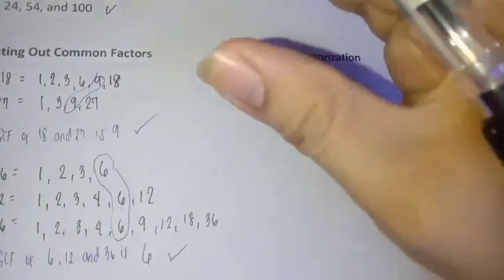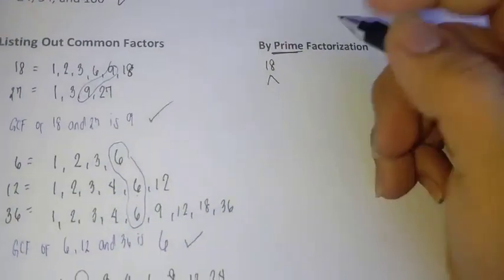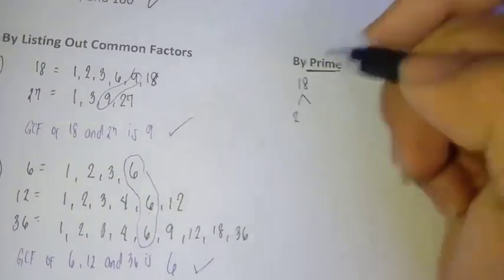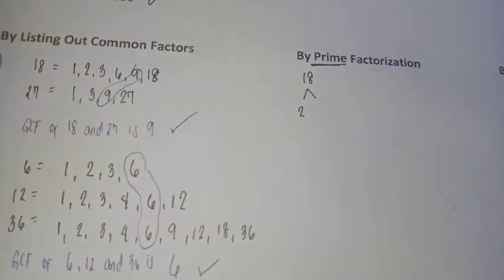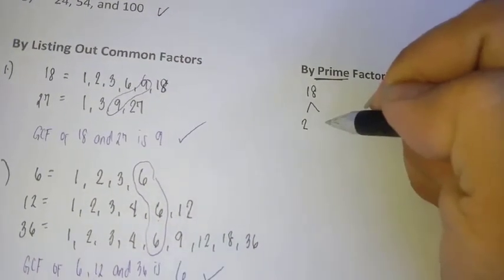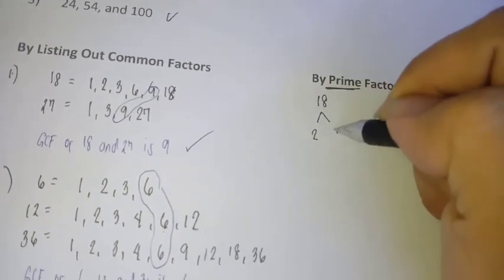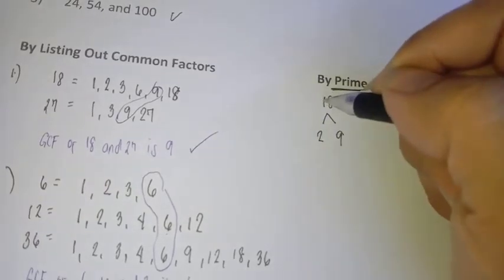Magsisimula tayo sa pinakamaliit, and the least prime number na meron tayo is 2. Since 18 is divisible by 2, we will start with 2. So what is the other factor? Kung one of the factors of 18 is 2, that is 9, since 2 times 9 is 18.